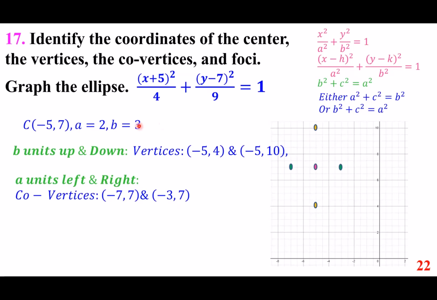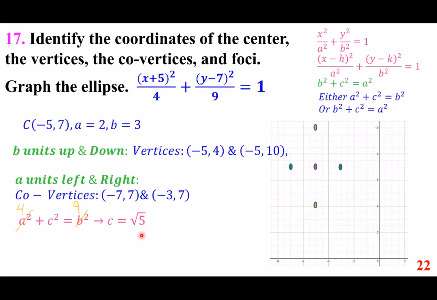When we look at this one, we see b is larger. Therefore, we're going to stick with this formula. So a squared plus c squared is b squared. We already know a squared was 4, b squared was 9. So c squared is 9 minus 4, or 5. C is square root of 5.